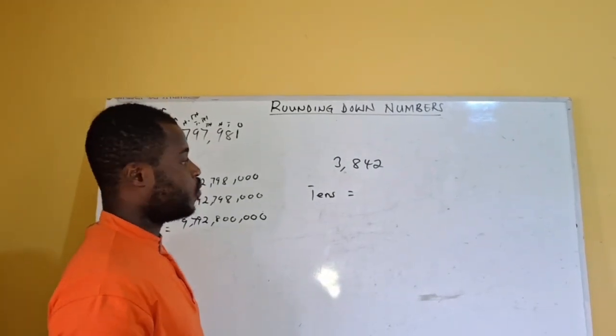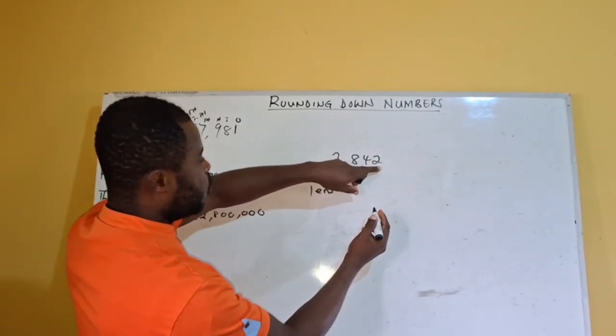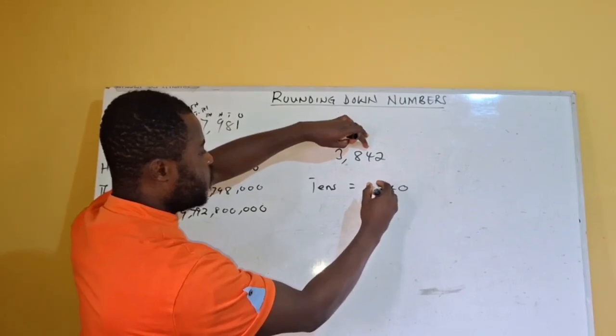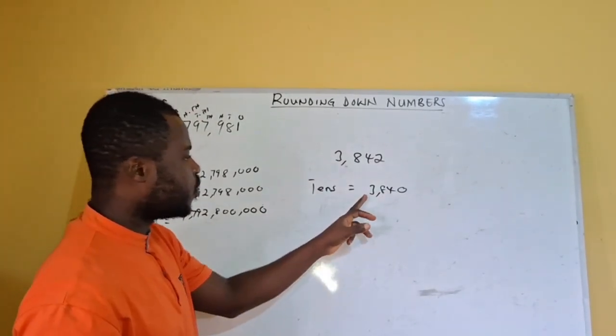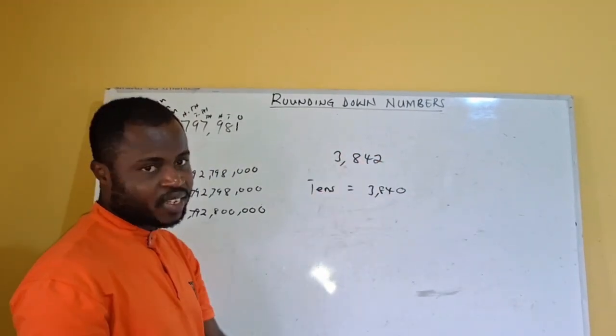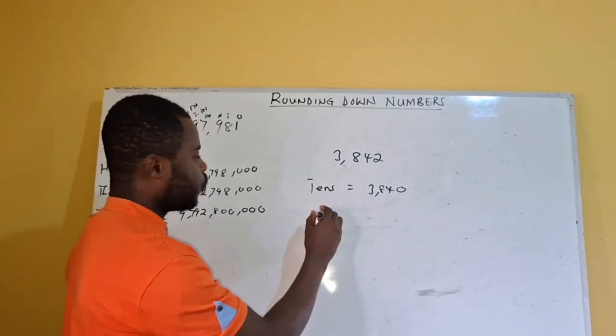We need 1 zero, so here is going to be 0. You change here to 0, then here will be 4, here will be 8, then here will be 3. We have rounded down because when you compare 3,840 to 3,842, this is lesser than this. We've rounded down. Now, another figure.